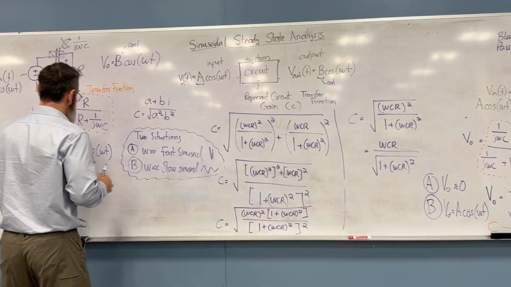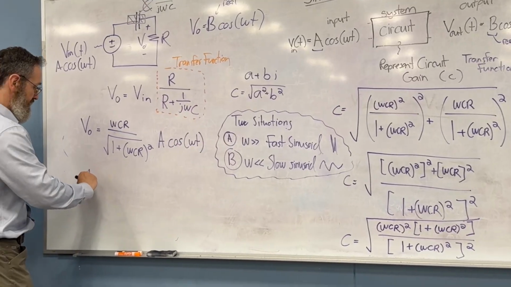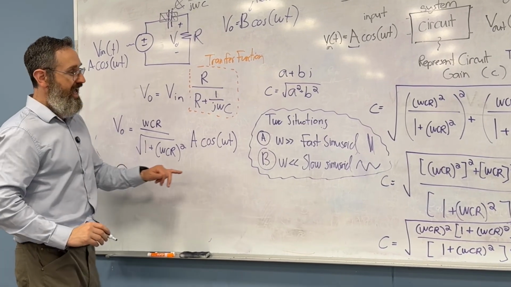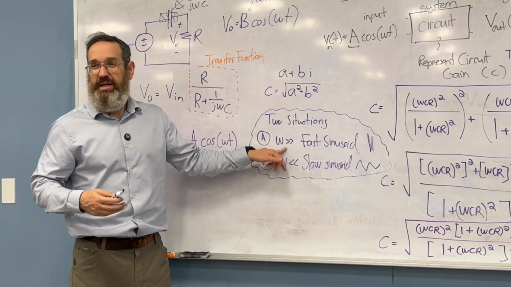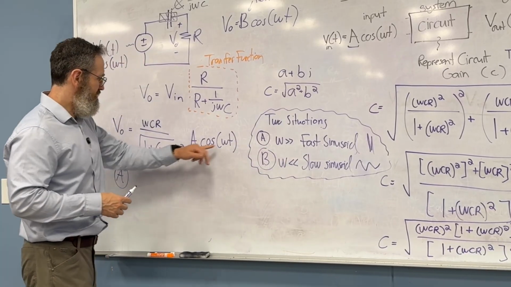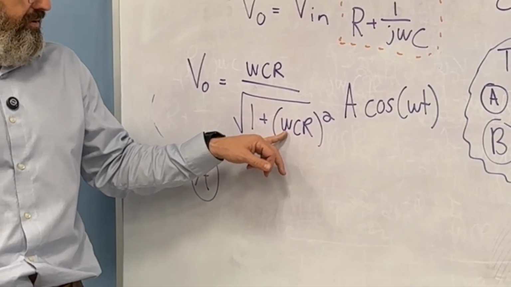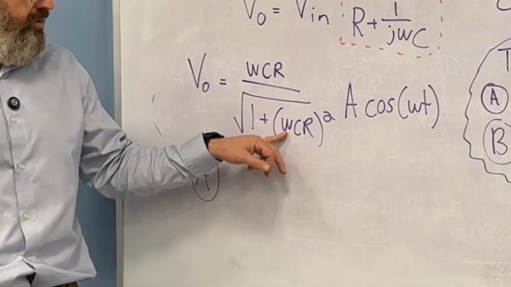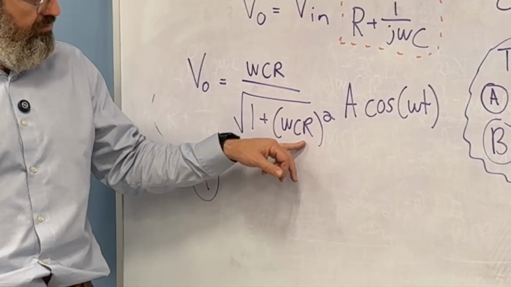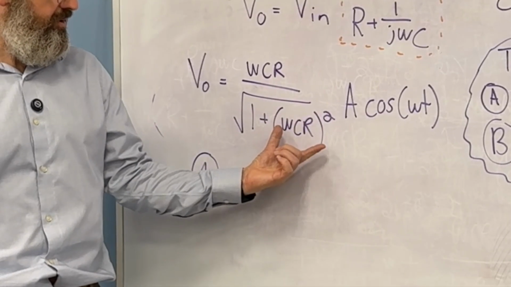Now let's look at this one, and maybe you'll see what's going to happen here. Let's take condition A. In A, W is some big number, like a billion, right? What happens here? Billion times billion, and obviously when I square it, it's going to be an even bigger number.